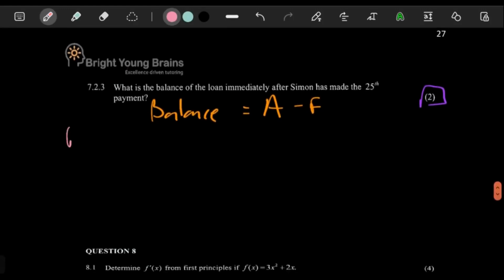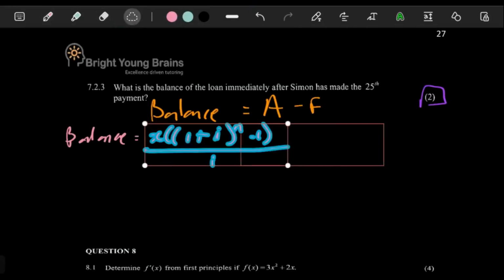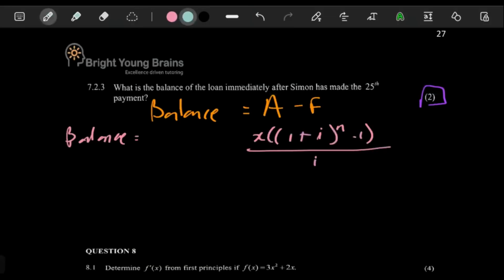So here, balance is going to be equal to x, 1 plus I, n minus 1, over I. No, that's F. I wrote F first instead of A. Scoot that over. We're going to have here P 1 plus I to the power of n.